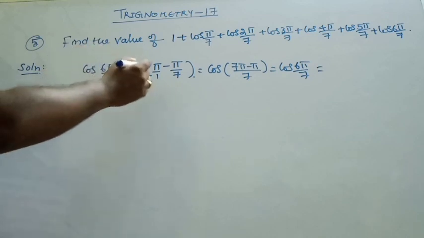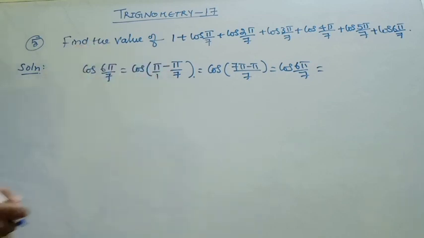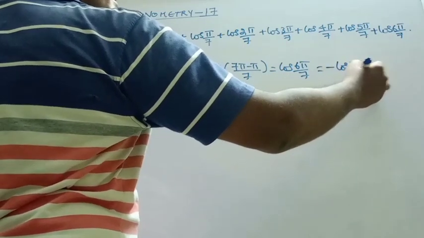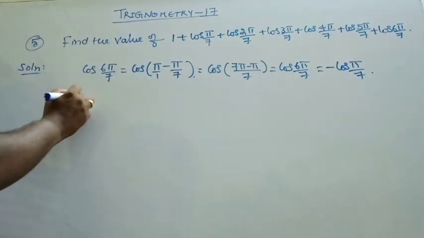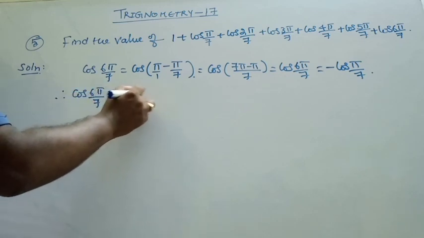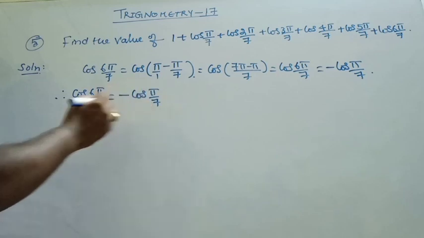Cos 180 degrees minus theta becomes minus cos theta. This you can write as minus cos pi by 7. Therefore, cos 6 pi by 7 you have written as minus cos pi by 7.